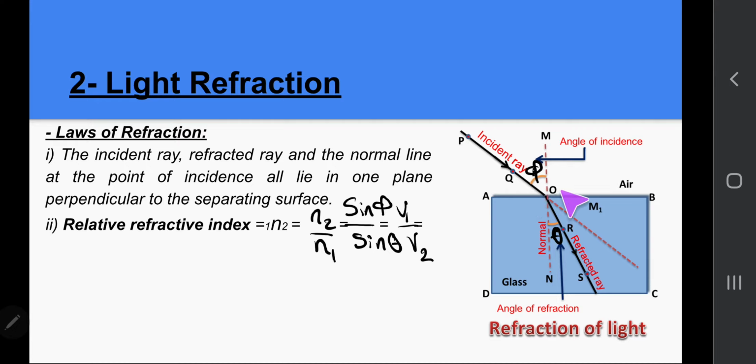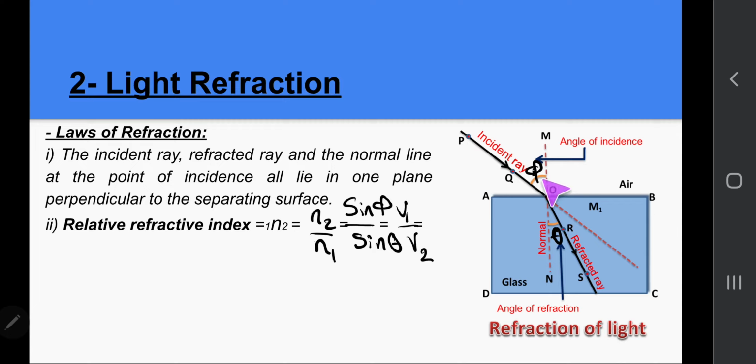When a ray changes its medium, traveling from the first medium to the second medium, its velocity changes. Okay? So V1 over V2. V1 is the velocity of the ray in the first medium, in air, and V2 is the velocity of the light in glass. Velocity of light in air to velocity of light in glass.